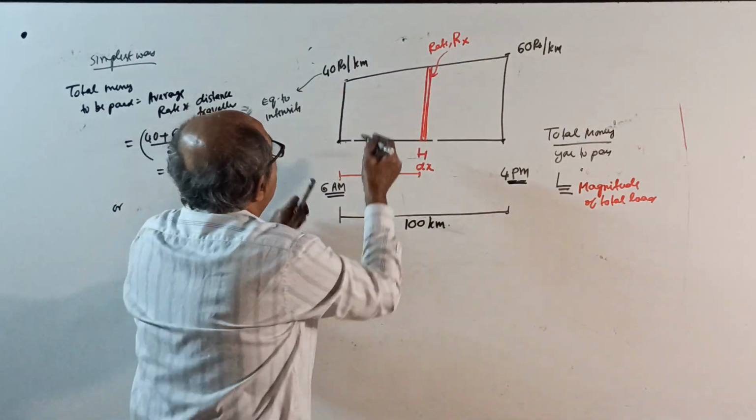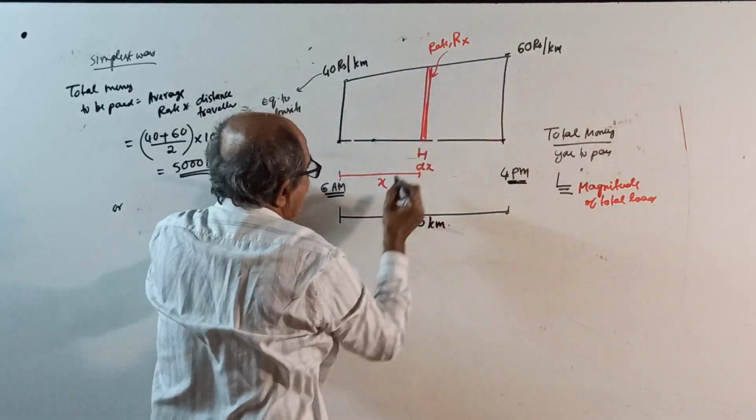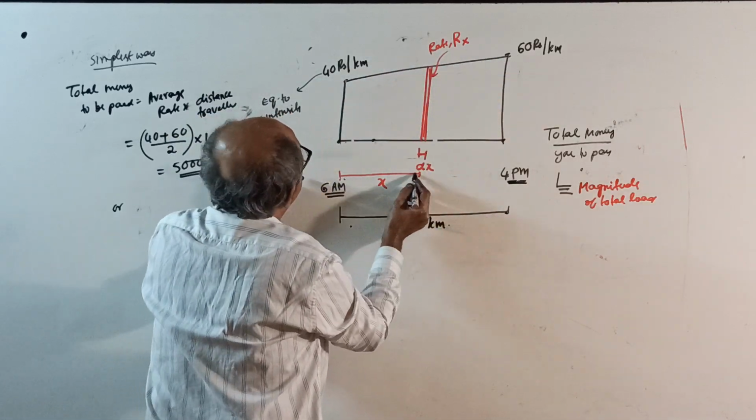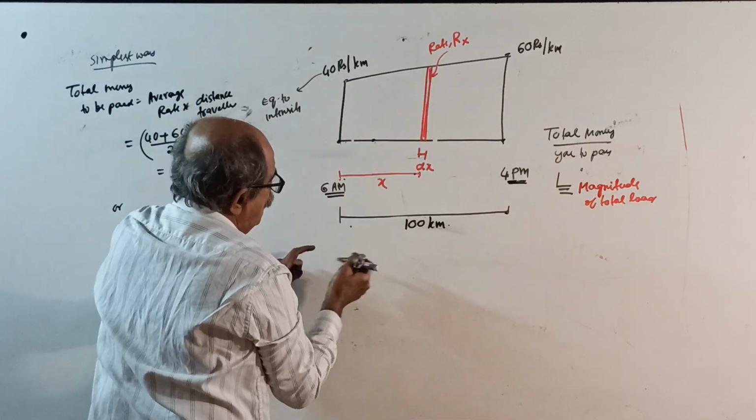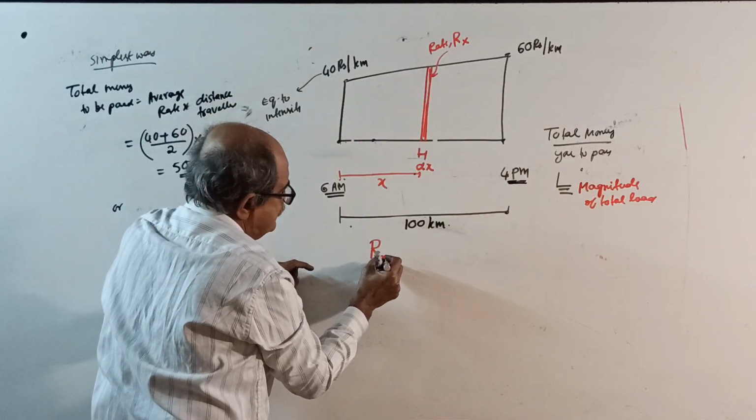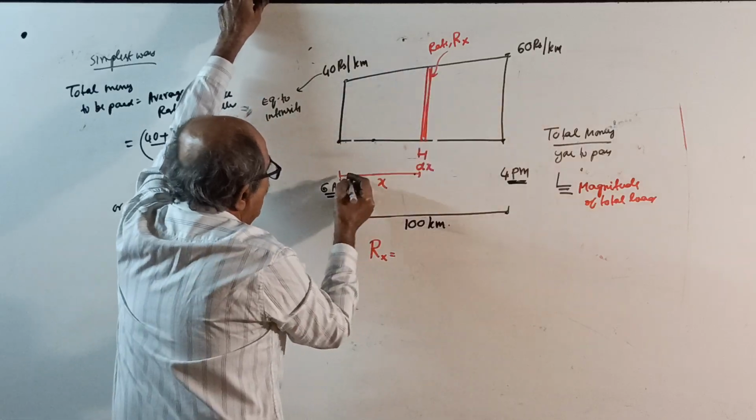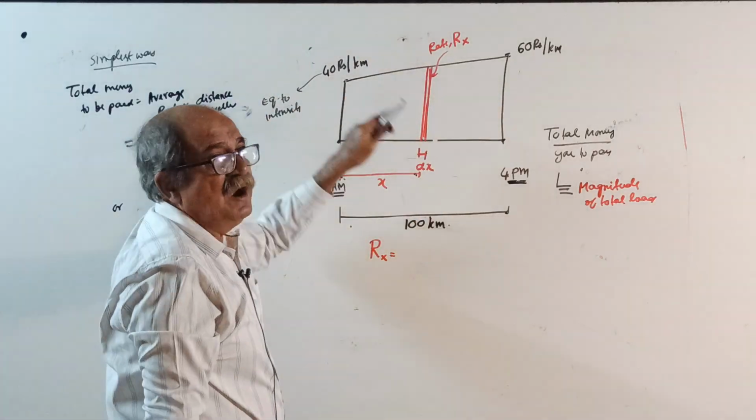Now 40 here, 60 here, this is 100 kilometers, this is x. So calculate what is r at x. After x kilometers, what is the rate?